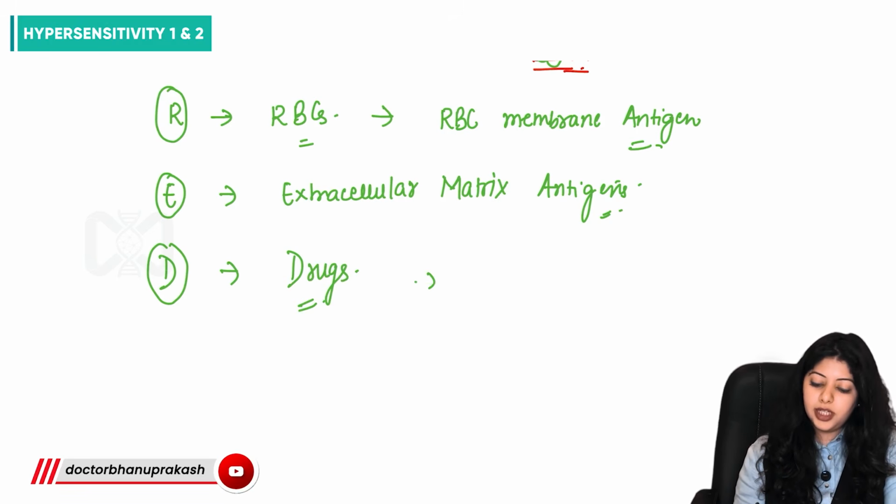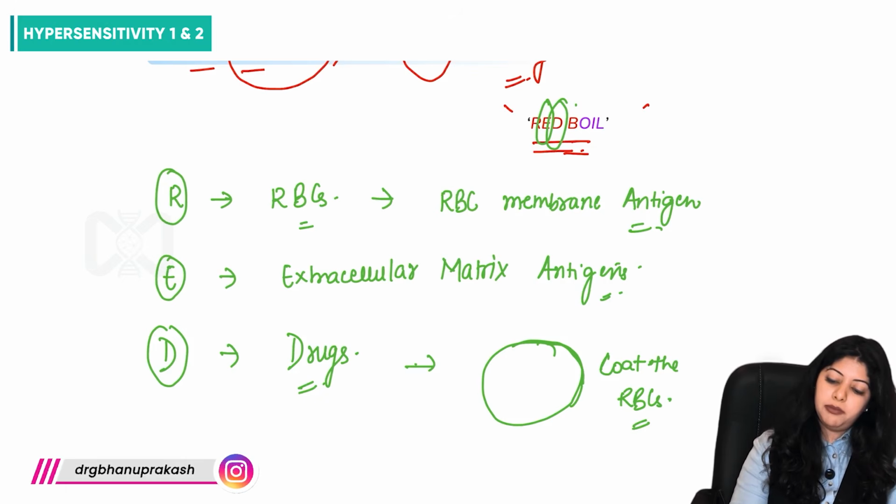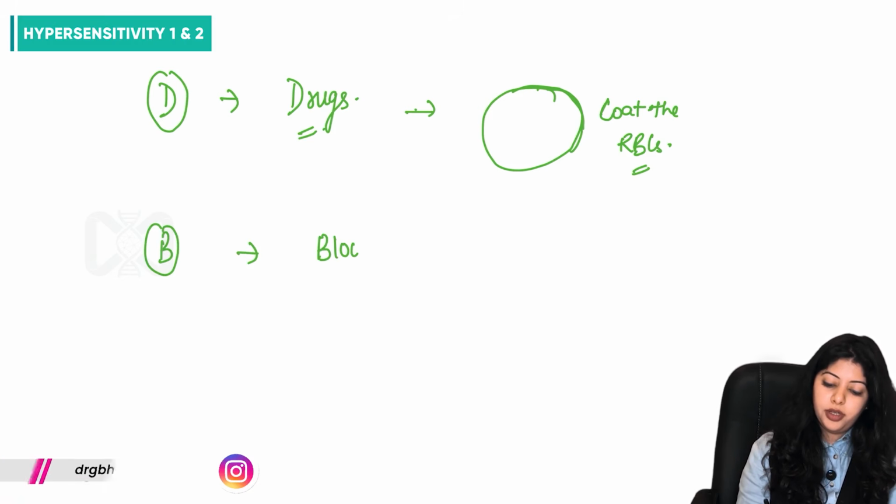Certain drugs which get absorbed, which coat the RBCs. And B can be used for blood group antigens.